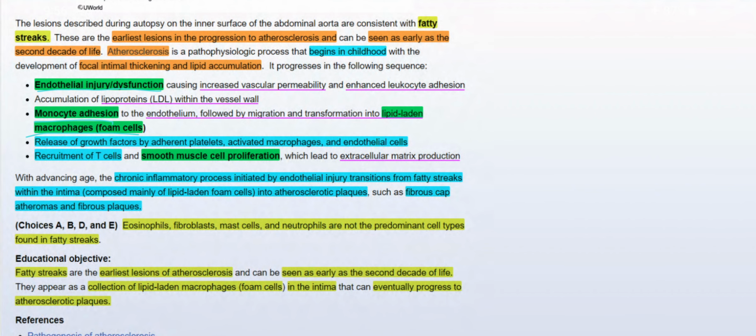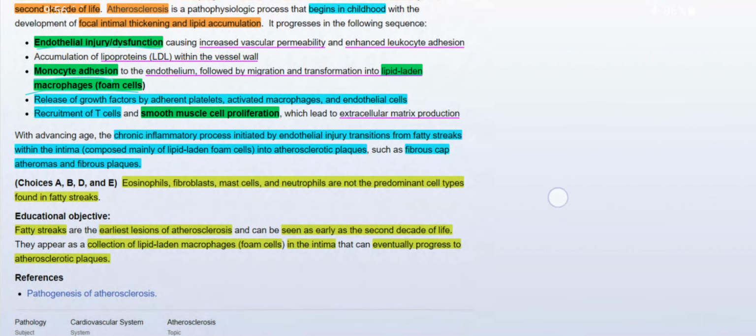What will happen next? Release of growth factors by adherent platelets, activated macrophages, and endothelial cells. Then recruitment of T cells and smooth muscle cell proliferation lead to extracellular matrix production. As I mentioned, there will be collagen synthesis. Okay.